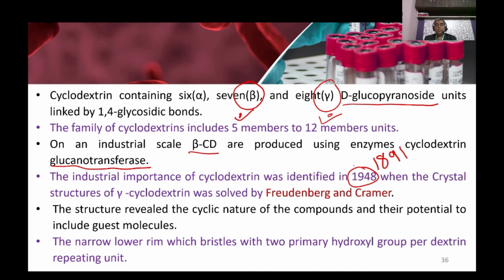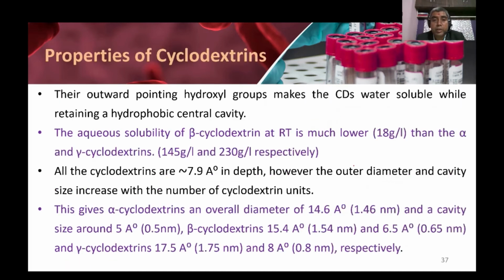The structure revealed the cyclic nature of the compounds and their potential to include guest molecules. So cyclodextrin has a hollow cavity, and that cavity can accommodate a guest molecule. The narrow lower rim bristles with 2 primary hydroxyl groups per dextrin repeating unit.